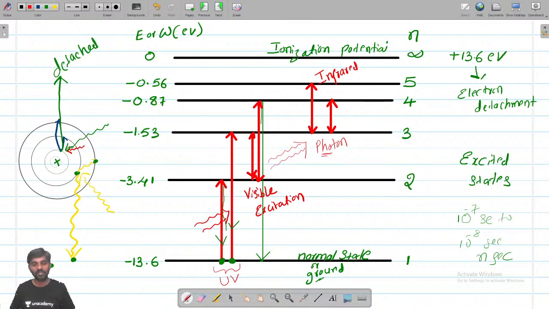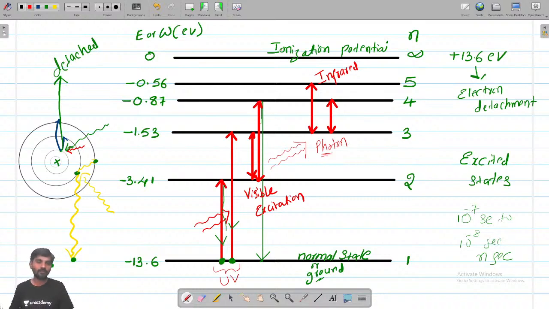Because of that, it is called visible excitation. And this is called infrared excitation. The electron which is in the third position may go to the fifth or fourth, or it may come back. That is infrared radiation.